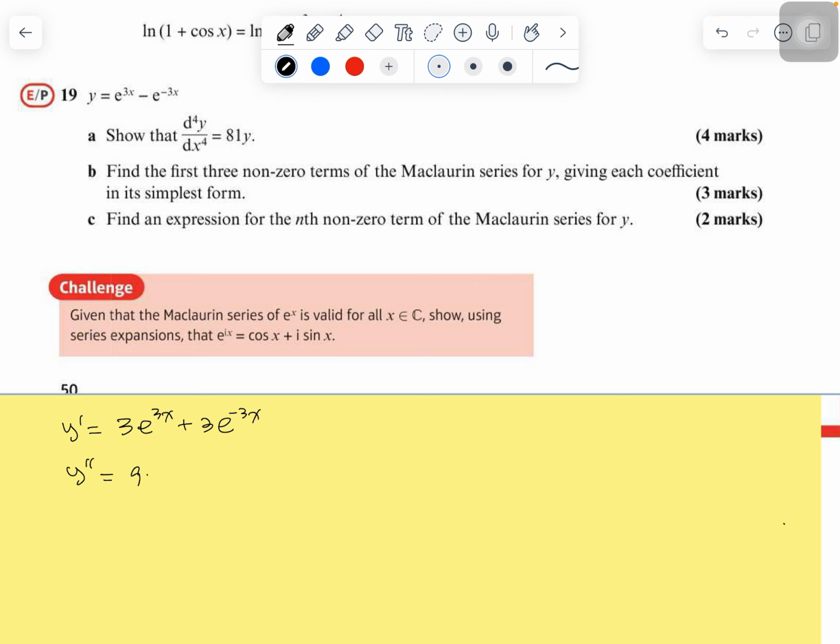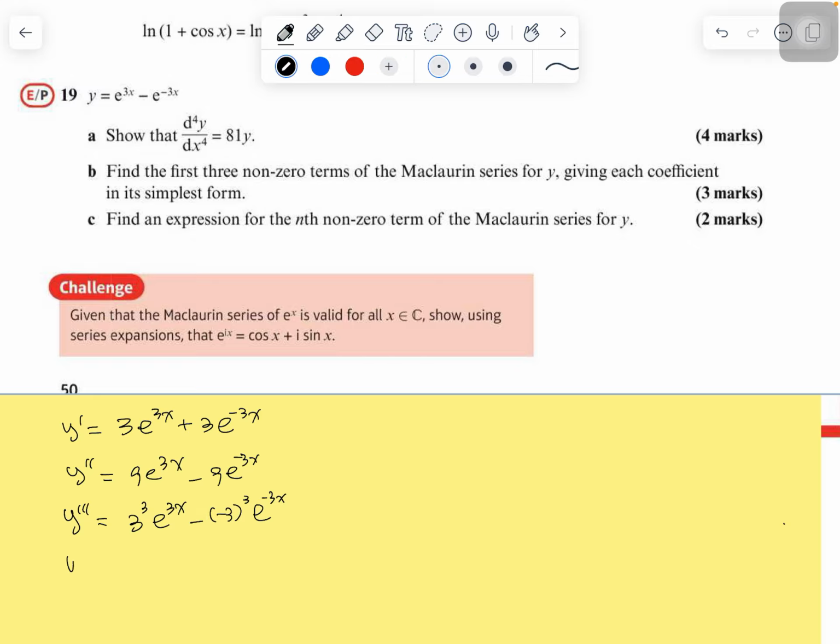Y double prime 9 e to the power of 3x minus 9 e to the power of negative 3x. Yeah, now we understand that 3 to the power of 3 e to the power of 3x plus negative 3 to the power of 3 e to the power of negative 3x. Am I correct? No? Here, minus.